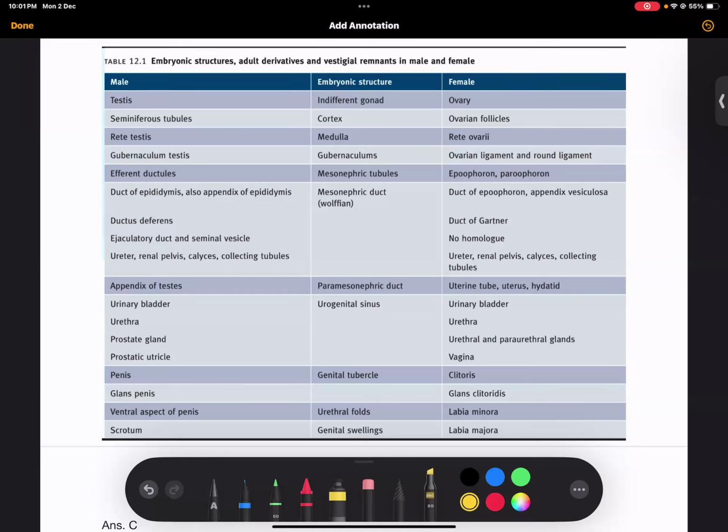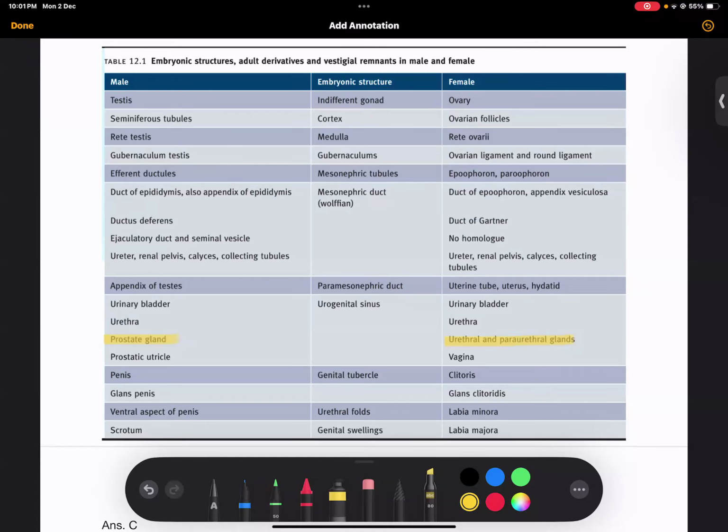Like if you see this prostate gland, it is very unique. It is in the male, and in female it forms the urethral and paraurethral glands. So they can ask you which structure is the homologous structure of the prostate gland. So you need to remember what is developing into which structure.